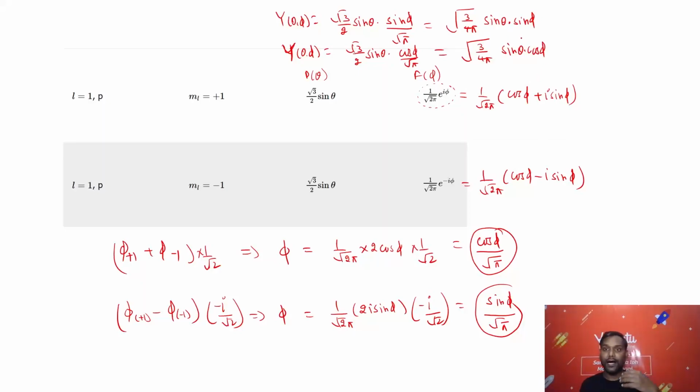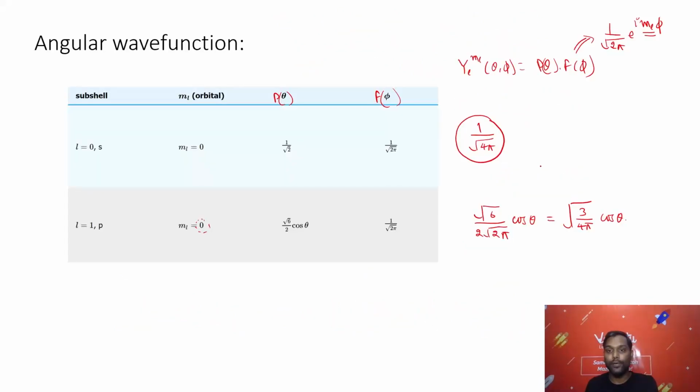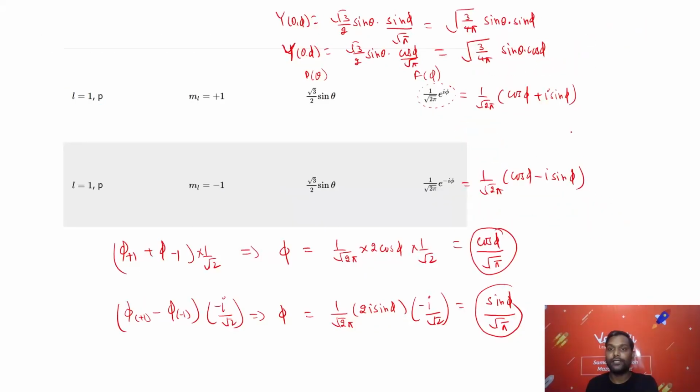Okay, I have not assigned the nomenclature to them, whether it is px, py or pz. I have got three angular wave functions for the three p orbitals. For the first p orbital, this is the angular wave function. For the other, this is the wave function, and for the third one, this is the wave function.